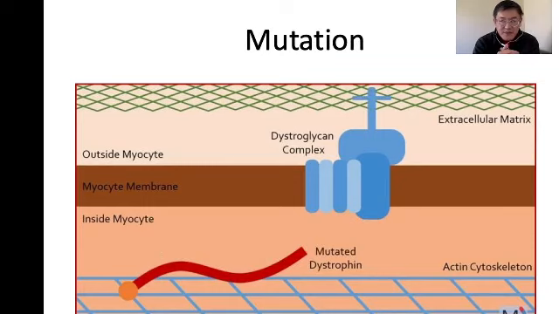However, if the mutation happens, guess what? The dystrophin will lose its dystroglycan binding site, so it cannot link the sarcolemma with the cytoskeleton. It cannot strengthen the sarcolemma or prevent myocyte membrane rupture from the muscle fiber contraction.